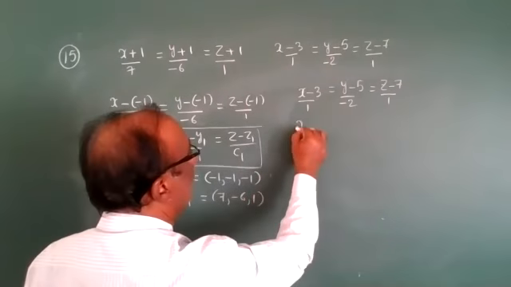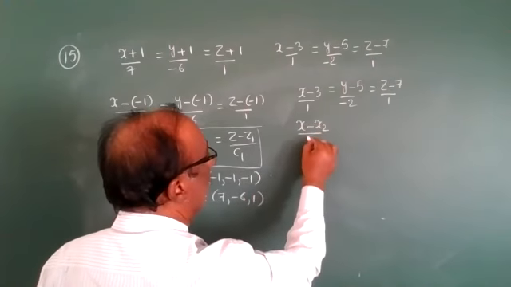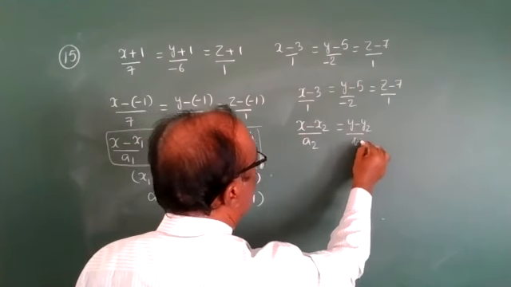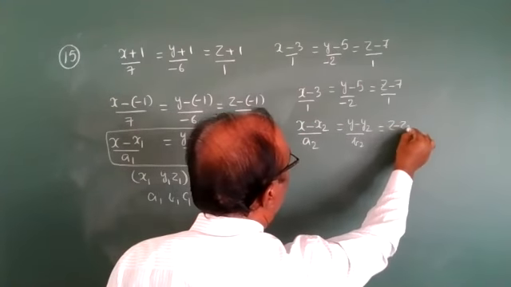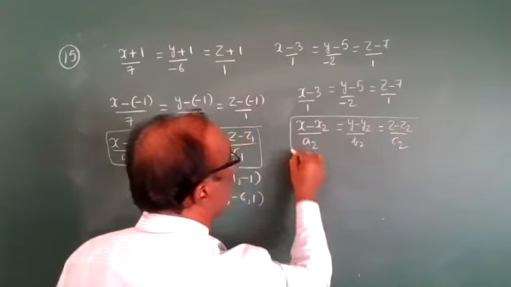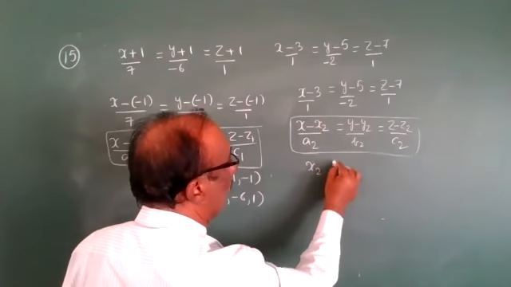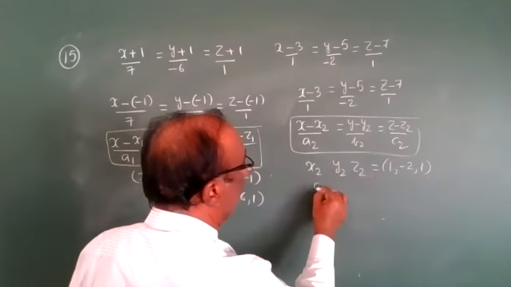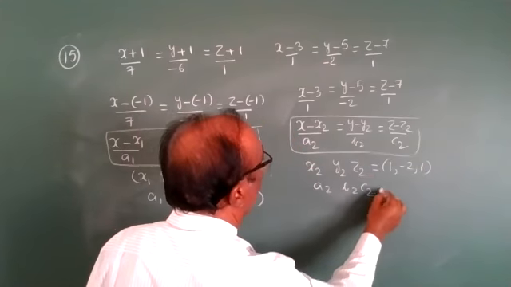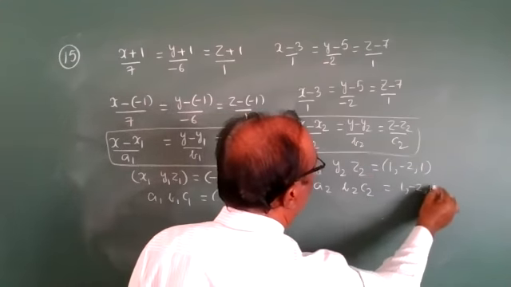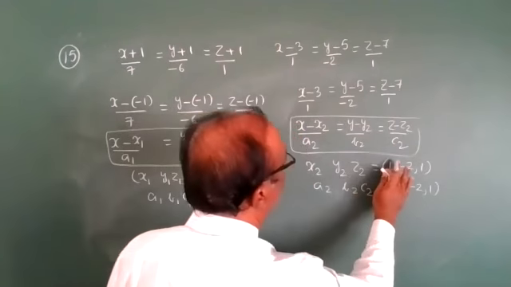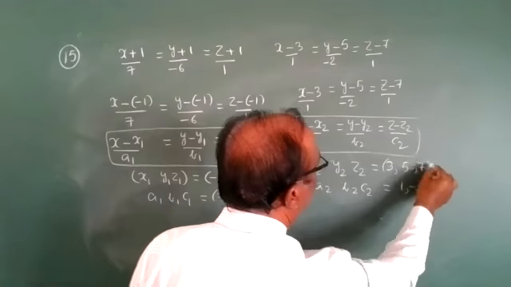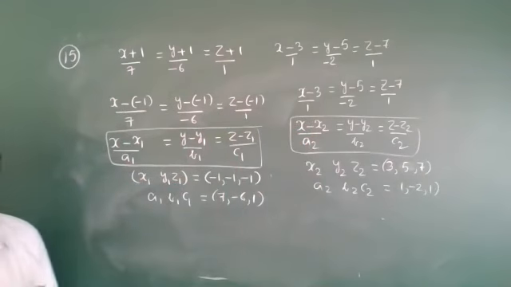Now compare with x minus x2 by a2, y minus y2 by b2, z minus z2 by c2. x2, y2, z2 is 3, 5, 7, and a2, b2, c2 is 1, -2, 1.